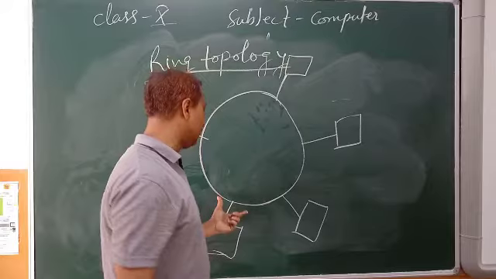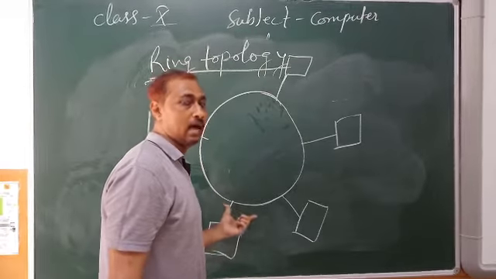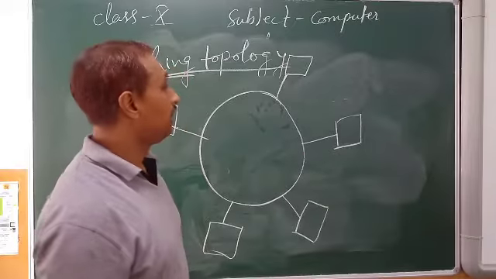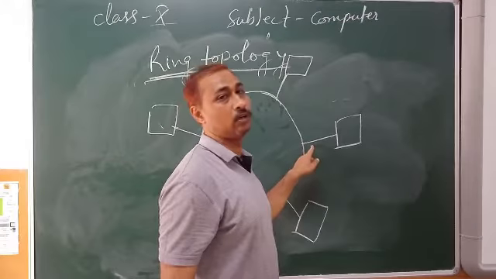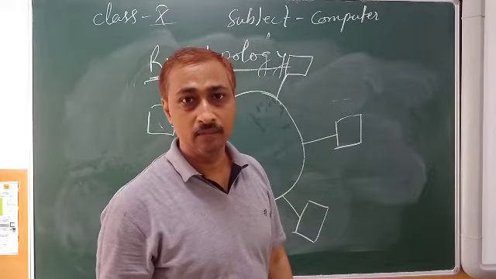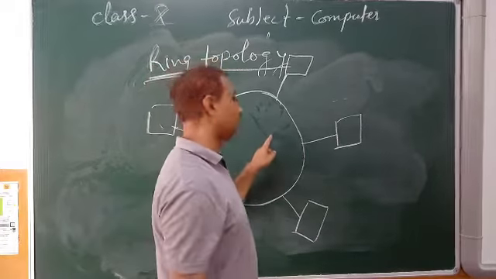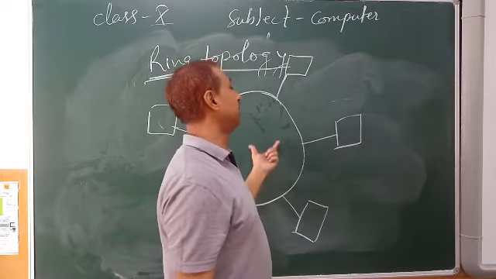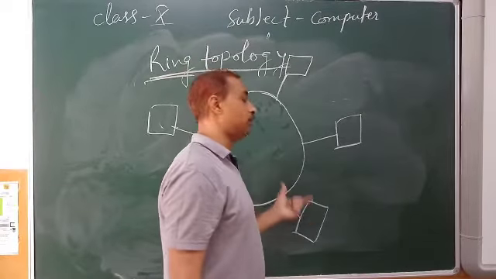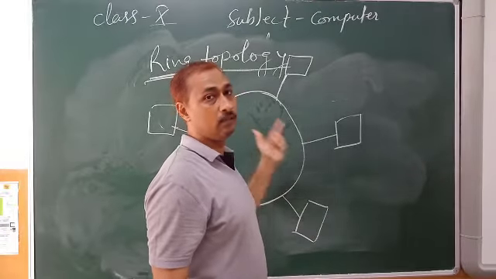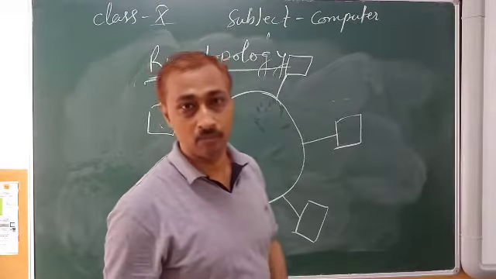Almost everything else is the same in bus topology and ring topology. The data is still transferred by serial transmission. Still, in ring topology we are unable to transmit the data in parallel.